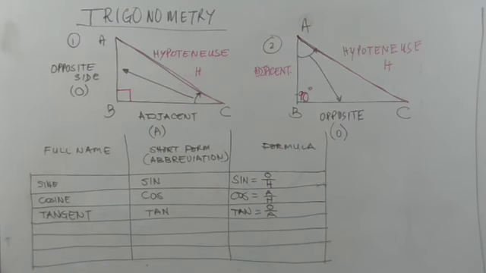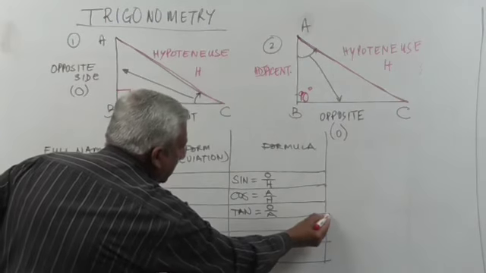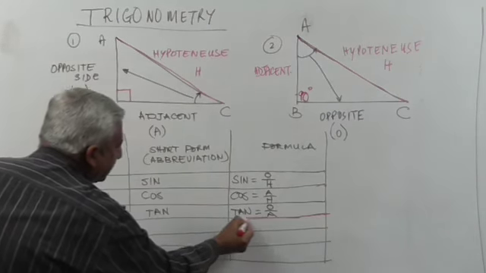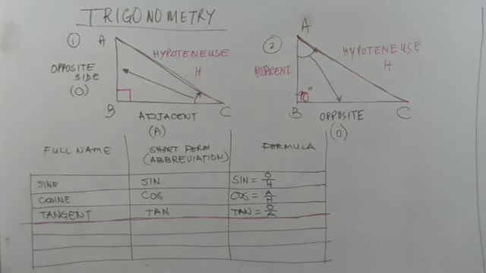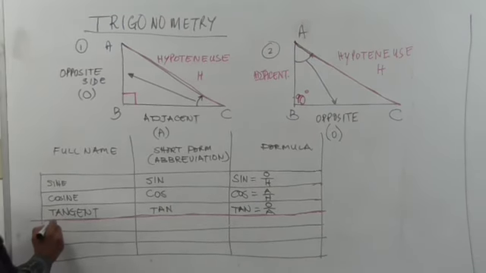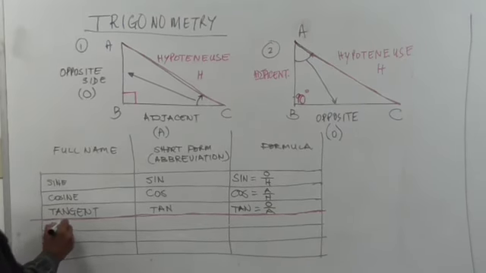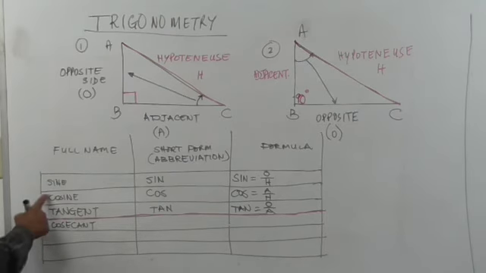From the three, we get what are called the reciprocals. The reciprocal of sine is cosecant. The reciprocal of cosine is secant.